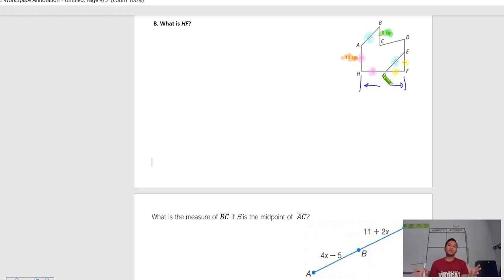So it's a lot easier because we have 11 centimeters and 8 centimeters. We can use that to find your HF. So segment HG is equal to segment AH. Therefore, HG here would be 11 centimeters.